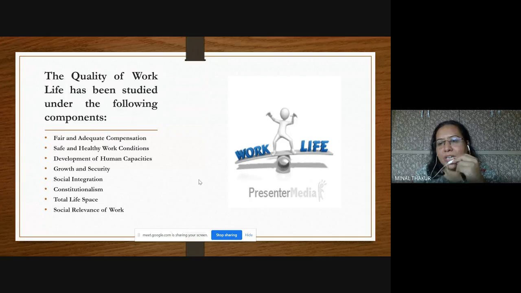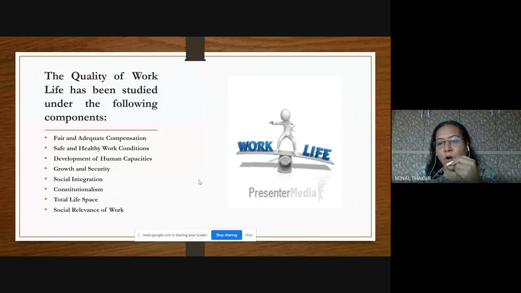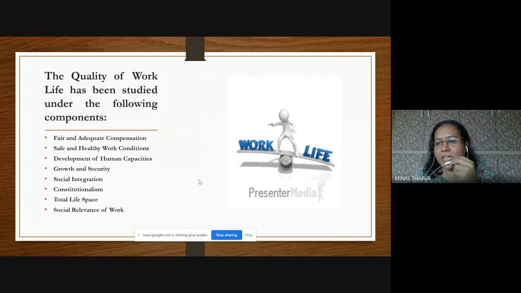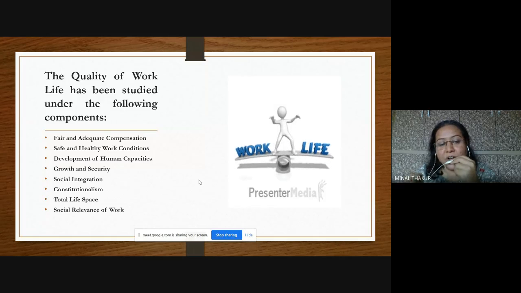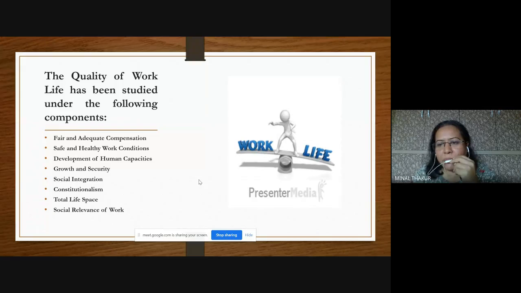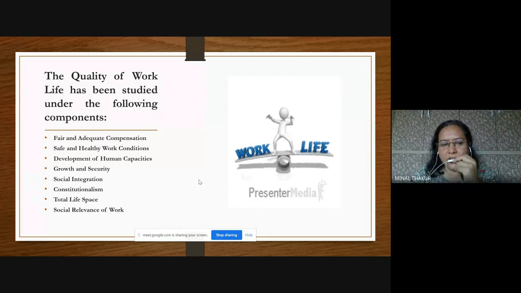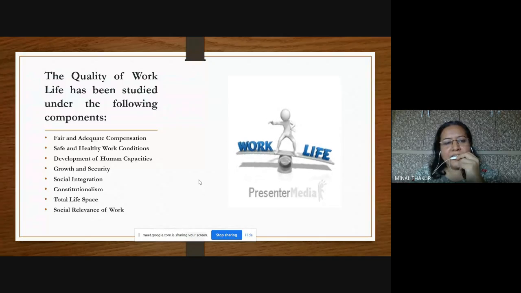How socialized you are and what importance you give to your profession in the society. Unless you are proud of your profession, society may not give importance to you. So how much importance an individual gives to his own profession comes under social relevance of work. So these were the components that were included to study the quality of work life of teachers.